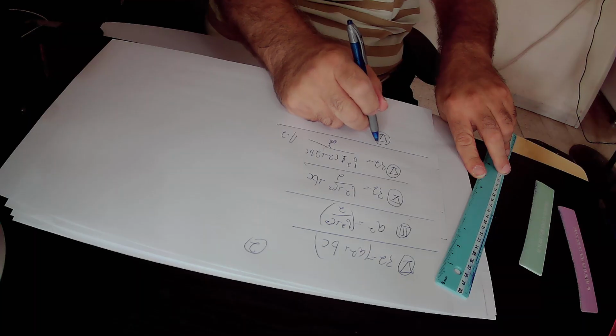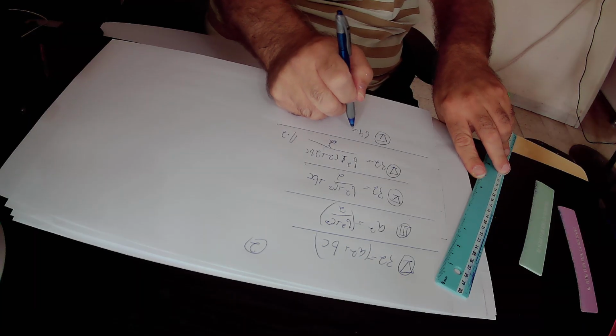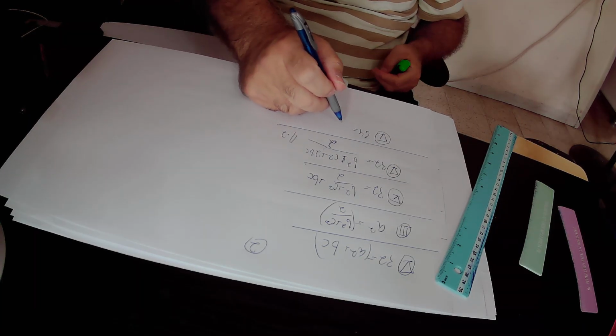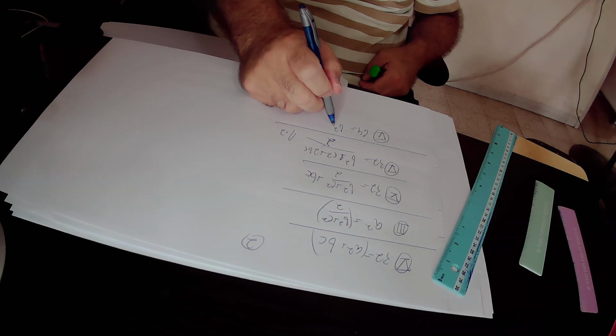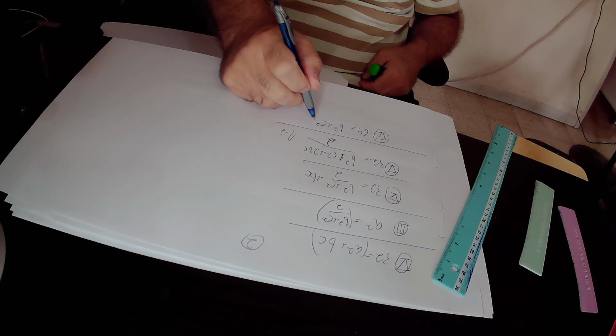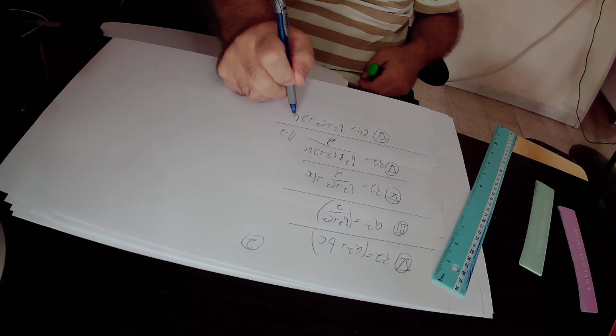And we find again that according to equation 5, 32 times 2, which is 64, equals b squared plus c squared plus 2 times b times c.